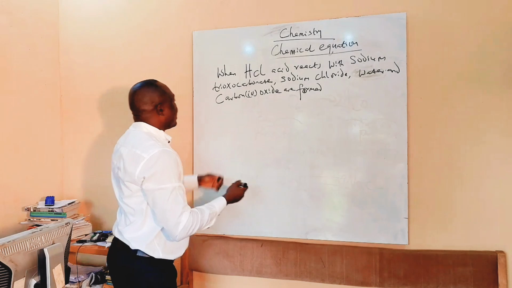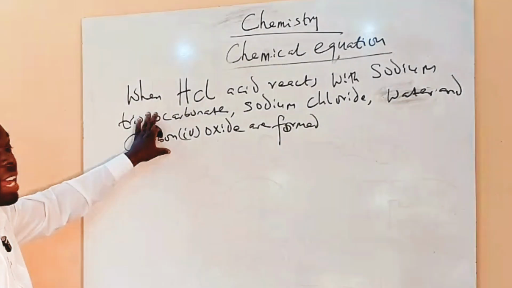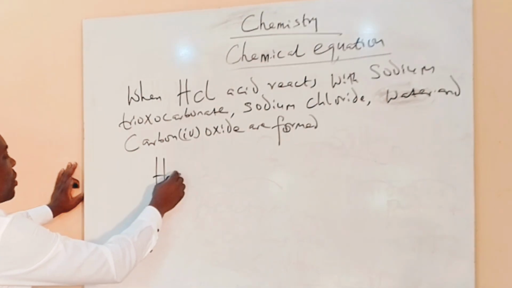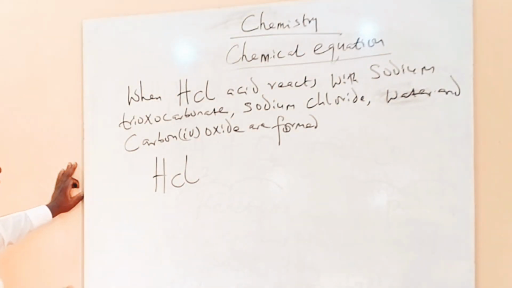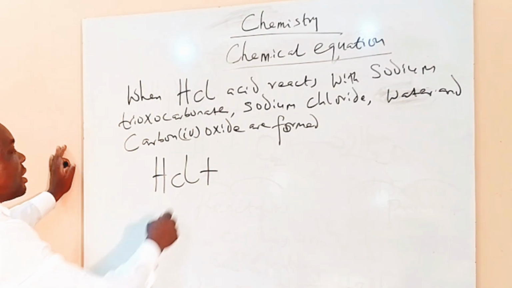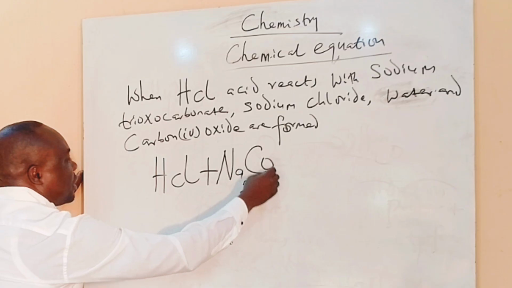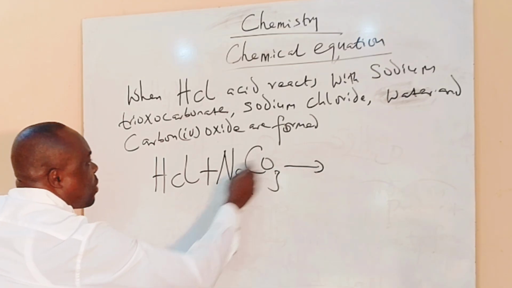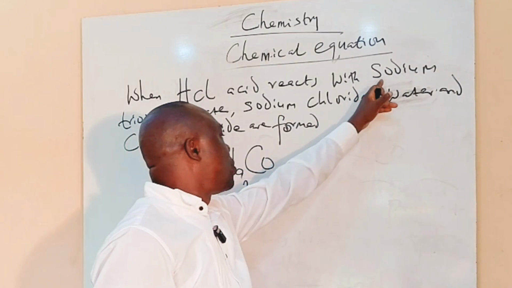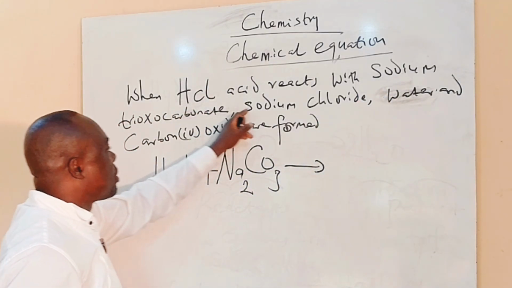Okay, this is hydrochloric acid. Let us transform this into an equation. This is hydrochloric acid reacting with sodium trioxocarbonate. They say when this and this react, we are going to form sodium chloride.